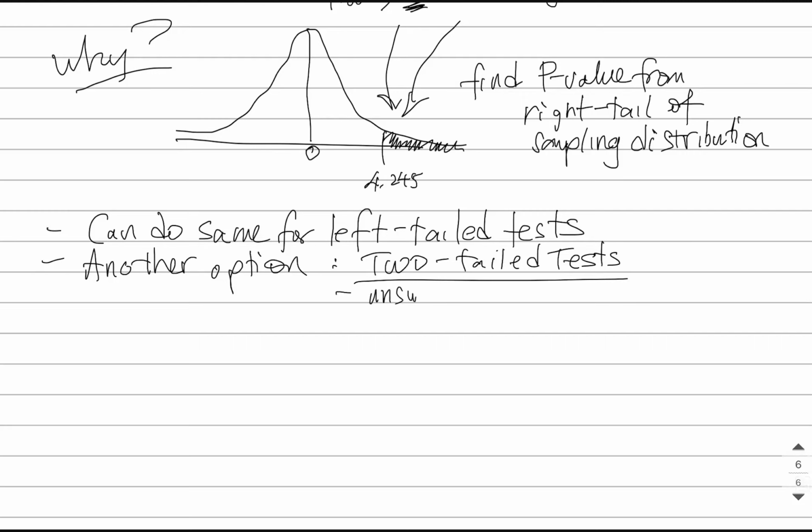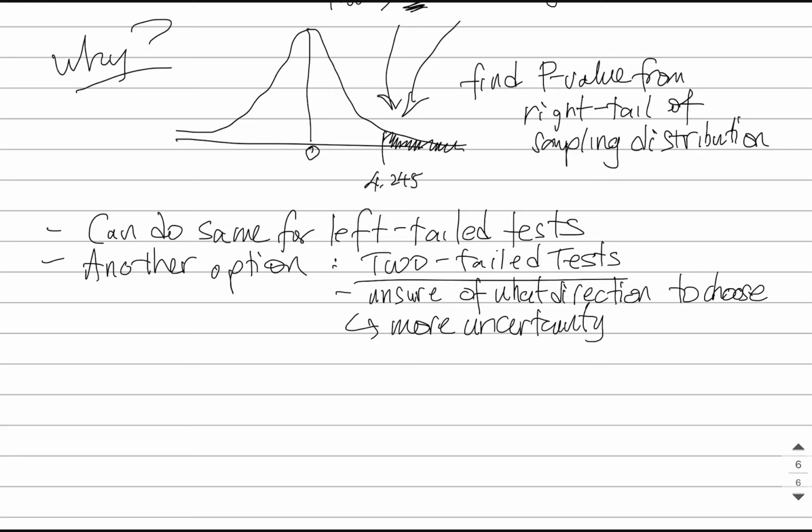Here you are unsure of what direction to choose, and so there is more uncertainty. And that increased uncertainty is going to get reflected in our calculation.